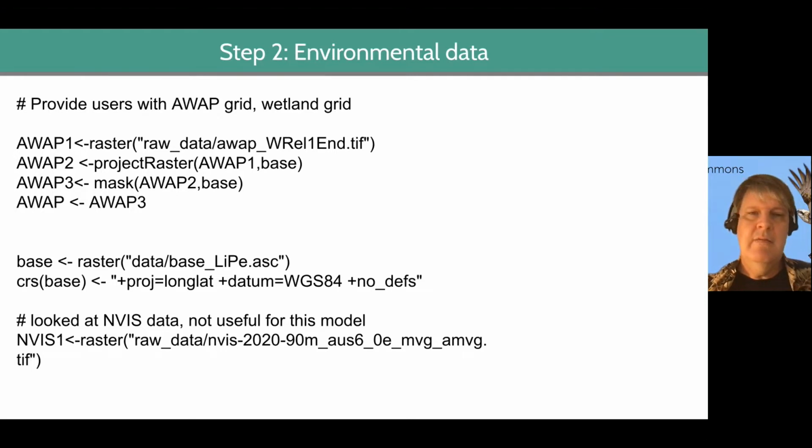But again, for our purposes, we didn't think that things like open eucalypt woodland was a useful classification for figuring out where frogs are in the landscape, or any of the other classifications that are in that data. You might disagree, and you might want to reclassify some of these things so that you get a categorical variable that's useful to you.